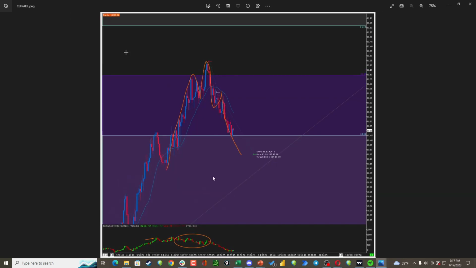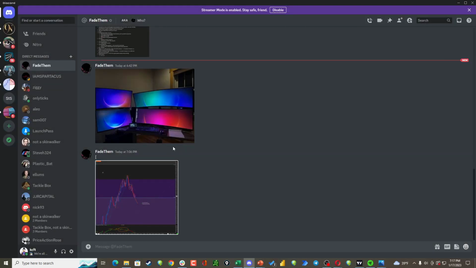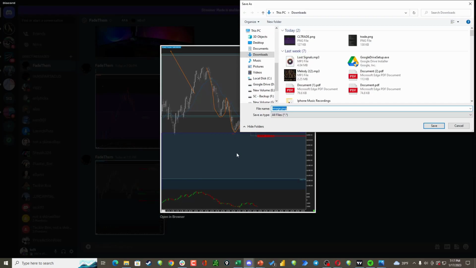Here's a sim, because I was done, and I don't really execute in Q unless we have ultra low volatility in the ES. So I will still plot.